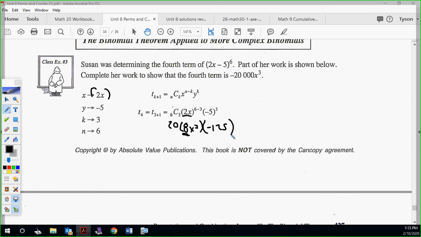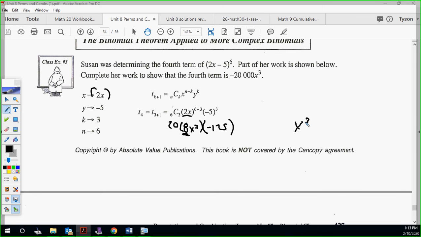It's odd. Okay, and so then what you do is you simply go, see how this x cubes here? Well, that's just going to stay x cubed. So let's write x cubed. Only thing you have to do is that times that times that. 20 times 8 times negative 125. That's all you need to do. If there was another variable in this, like y squared, you just put y squared next to the x.